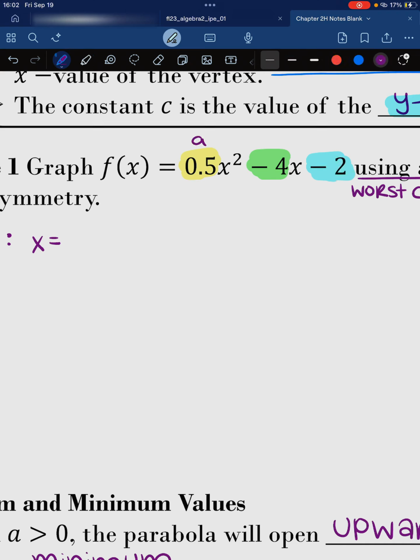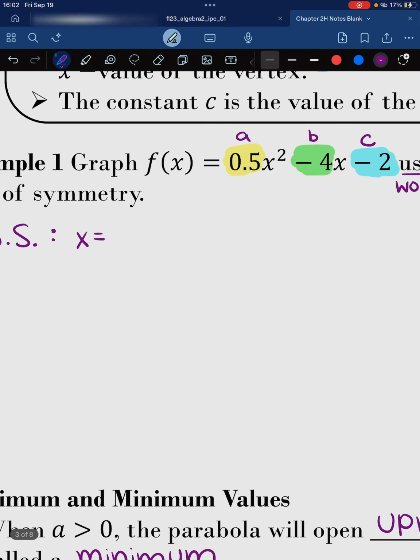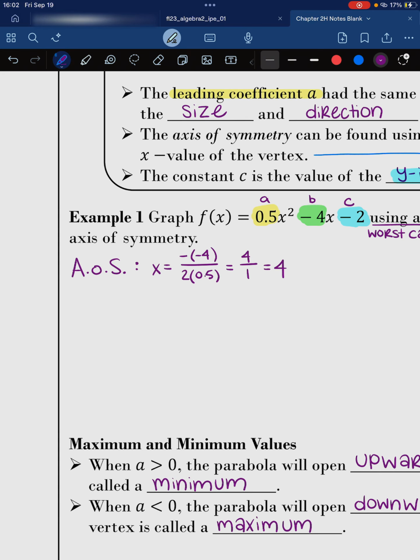So here's my value of a, b, and c. Okay, so negative b over 2a. And you can use your calculator to simplify this if you need to, but we end up with 4 over 1, which is just 4. Okay, so that's my axis of symmetry.